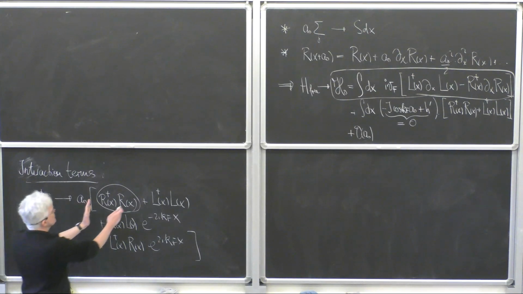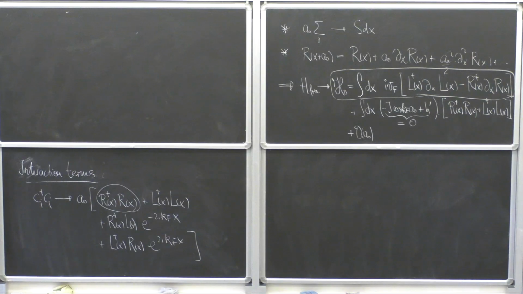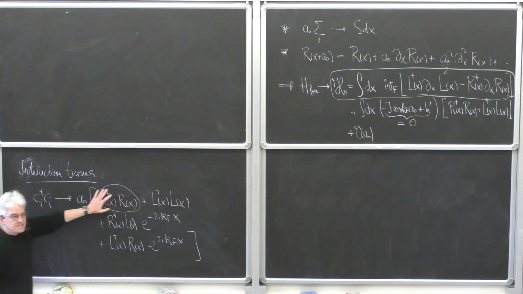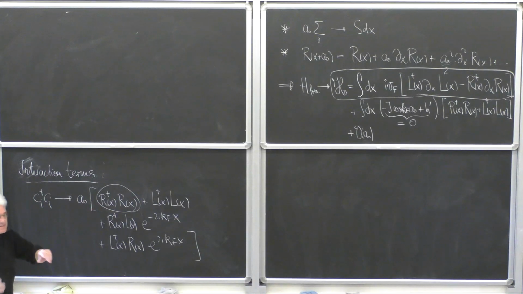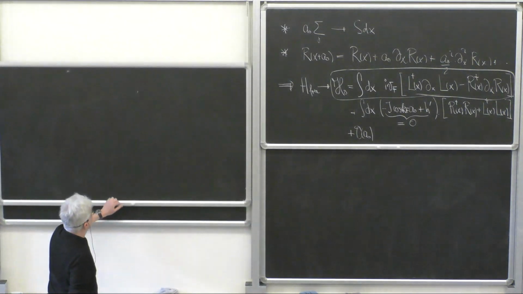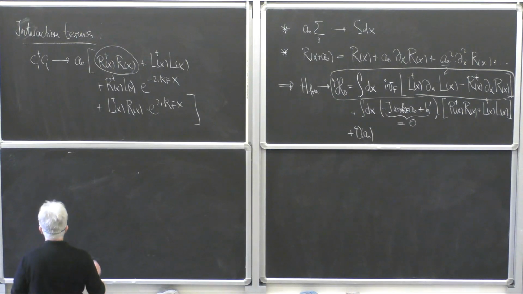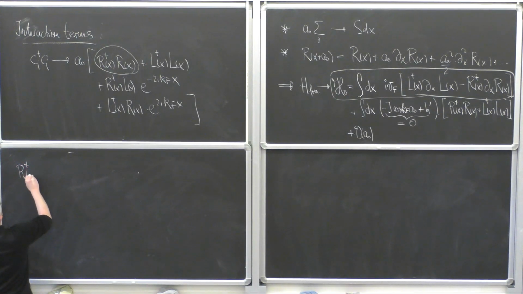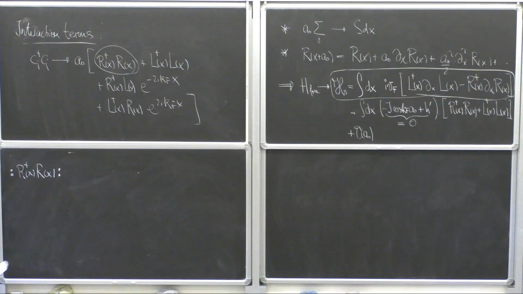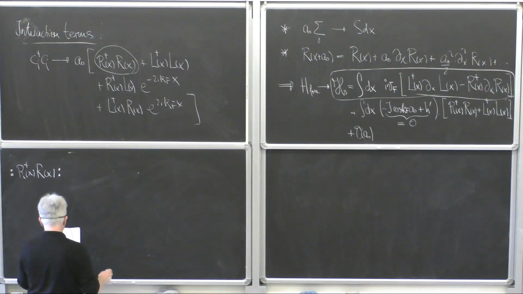When you bring two operators close to one another, the product becomes singular, and you have to define what you mean by these operator products at coinciding space points. So instead of right dagger x, right of x, we introduce some normal ordering to make this well defined.